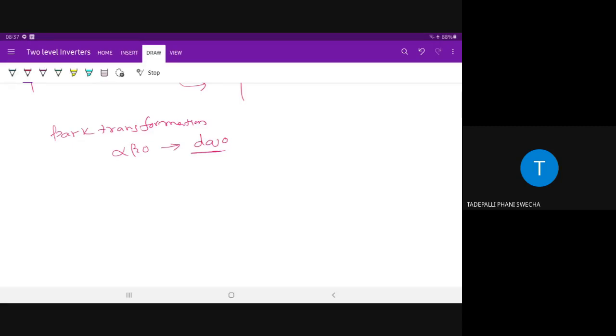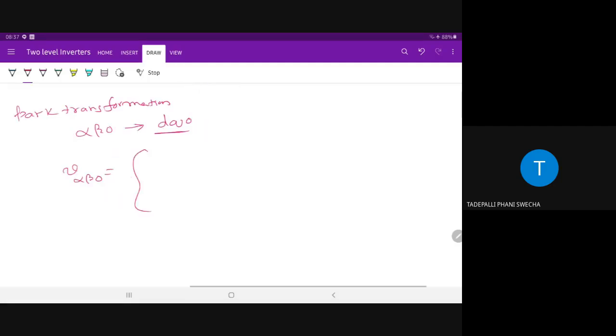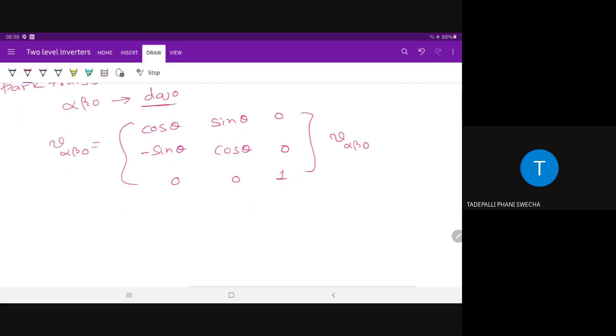So for that, what we have to do is, we have this V alpha beta 0. We need to multiply this with the matrix cos theta, sin theta, 0, minus sin theta, cos theta, 0, and 0 0 1, and on the other side you have V alpha beta 0. Clear?